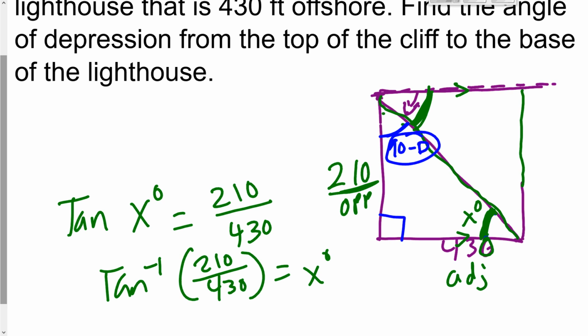So we put that into the calculator. Since we have two significant numbers, 2 and 1, that 0 doesn't count because there's no decimal, or in the 4 and 3, so there's 2. So tan inverse of this gives X, our angle of depression, equal to 26 degrees. Okay, so there's our answer for that.